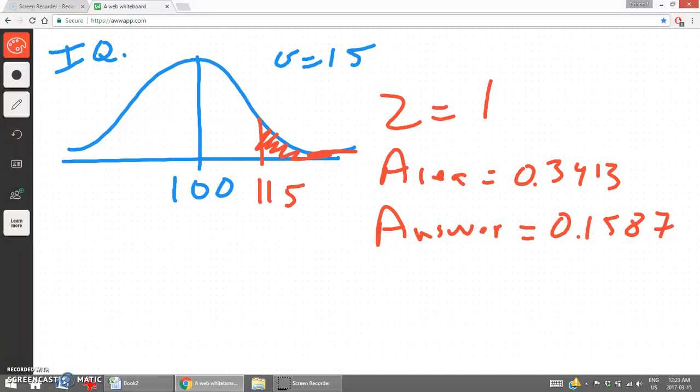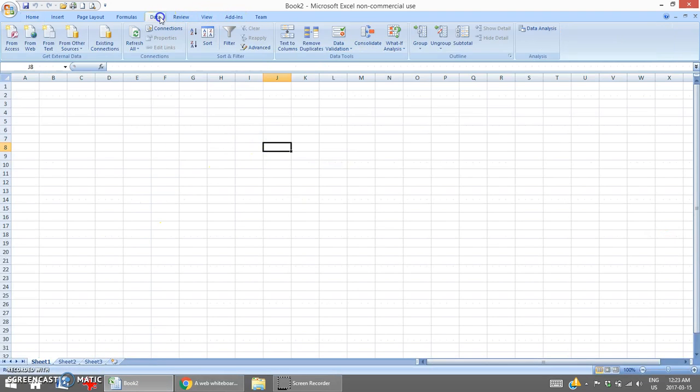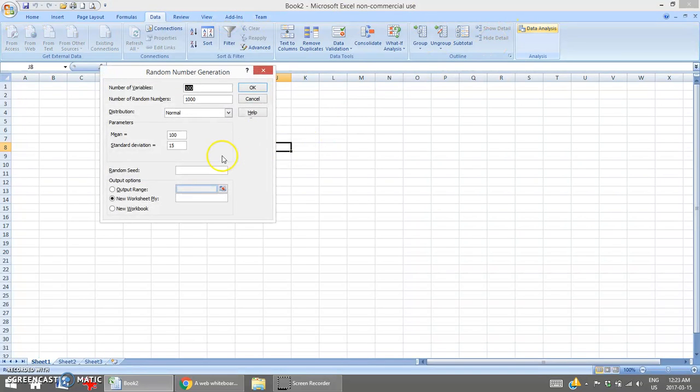We're going to use Excel to help us understand how we can look at this, because Excel is really great at creating samples. What we're going to do is go into data analysis, random number generation, and we're going to use normal distribution with a mean of 100 representing the average IQ in the population and a standard deviation of 15.